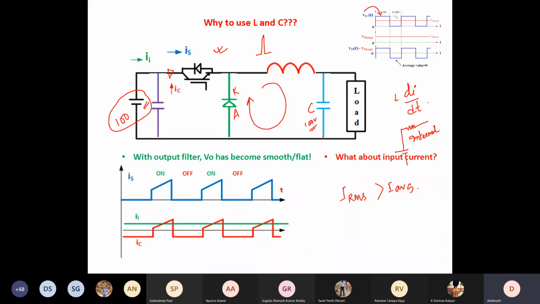Generally, these resistances or parasitics have a positive temperature coefficient, so as temperature builds up, resistance will also build up, and then it leads to additional losses, then a thermal problem inside the battery. So I should allow only that amount of current which is actually responsible for the power transfer. There is no point in sending extra current which does not do any meaningful work.